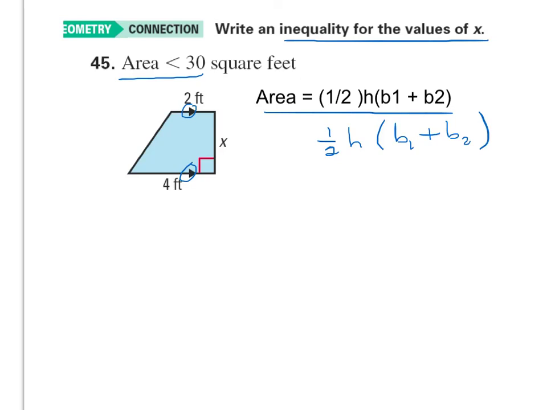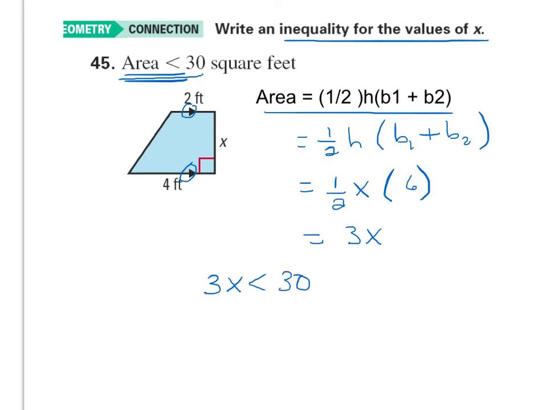So, all right, so the area here is 1/2 x times 2 plus 4, which is 6, which makes it 3x. And then the problem tells us that the area is less than 30 square feet, so we're going to write 3x is less than 30 square feet.